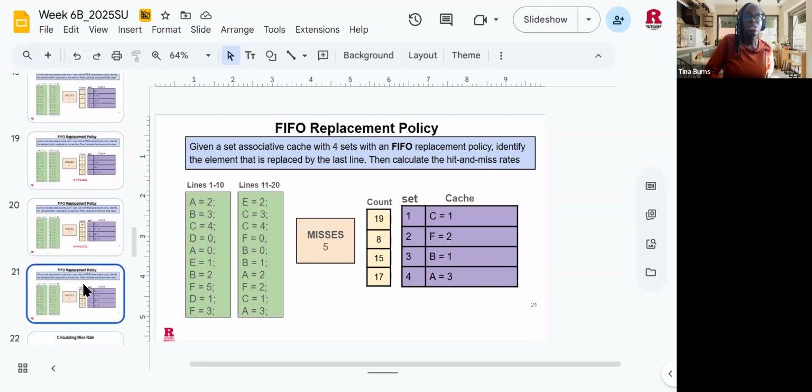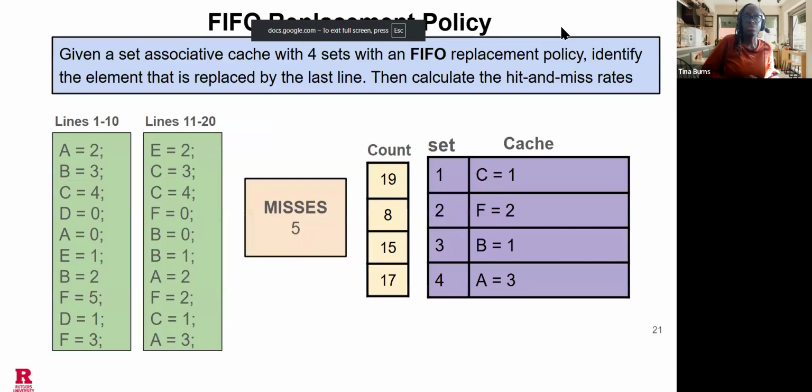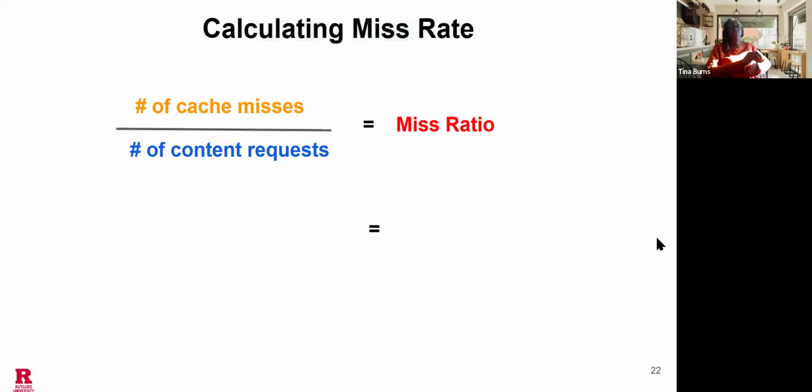Now that we have 5 misses, let's calculate what that means in terms of rate. The number of misses divided by the number of requests will give us our miss ratio. If we take 5 and divide that into 20, it basically gives us a 25% miss rate.